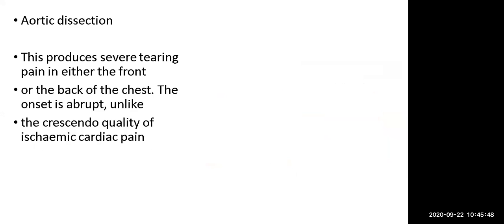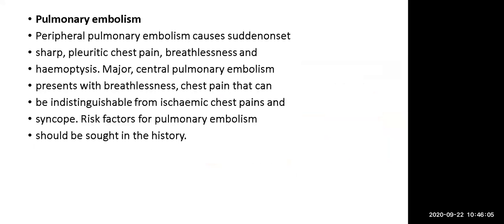Then aortic dissection. This produces severe tearing pain in either the front or the back of the chest, and the onset is abrupt, unlike the crescendo quality of ischemic cardiac pain. Then you also need to understand pulmonary embolism.